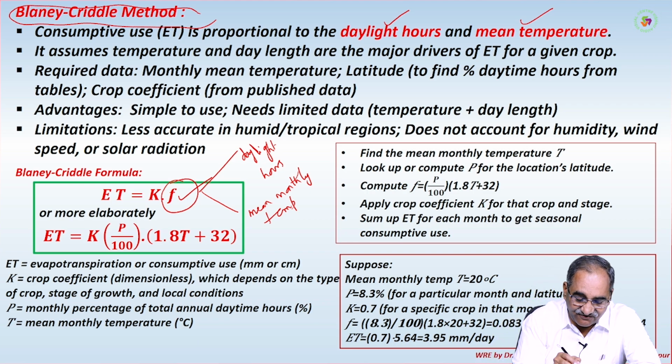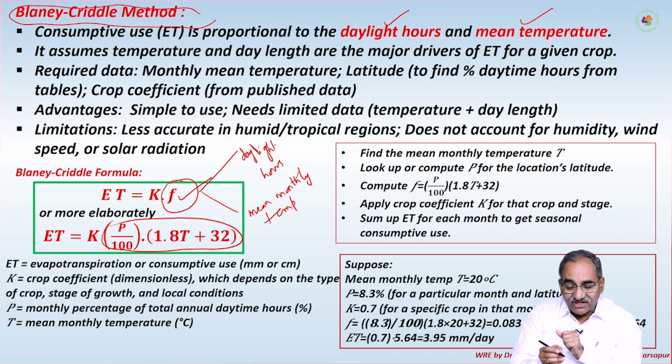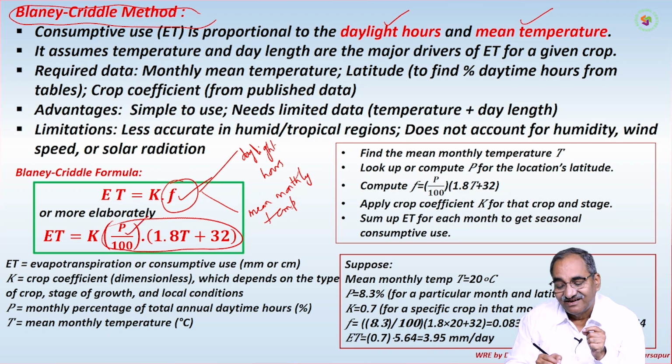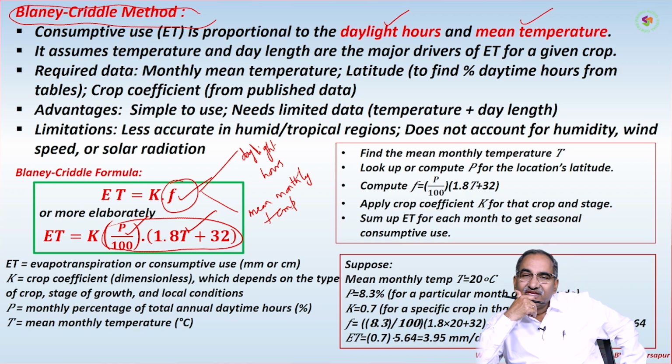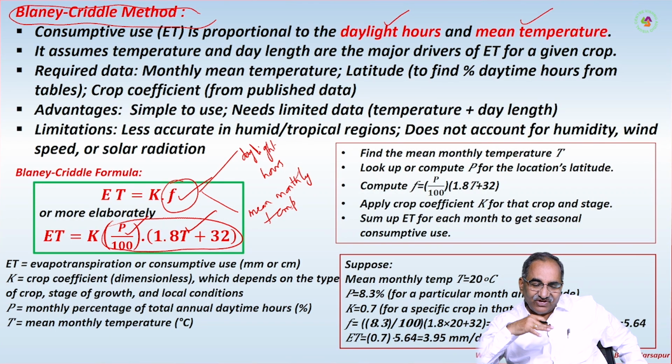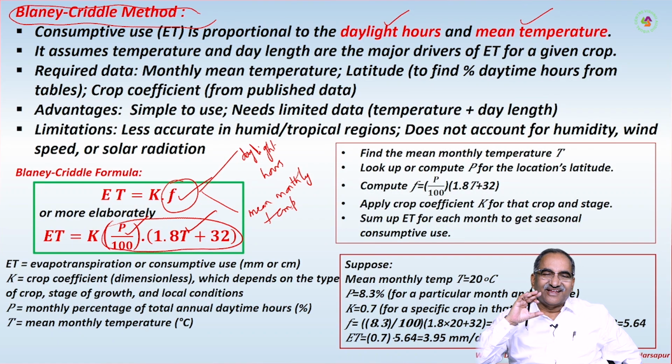Now see what we have written instead of F. Here P represents daylight hours, whereas T represents the mean monthly temperature. Using those two to determine the evapotranspiration, we call it the Blaney-Criddle method. The main thing is, if you go for any humid or tropical region, naturally this method doesn't work well, because it doesn't take humidity into account, or wind speed, or solar radiation.